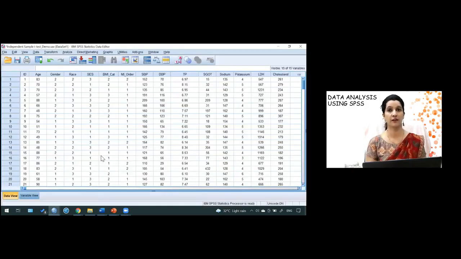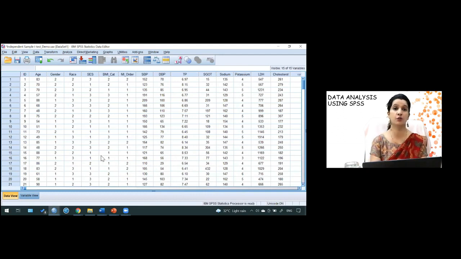First I have to meet the assumption of normality and the underlying assumptions. The first assumption is that my data should be a continuous or scale variable. Systolic blood pressure is a continuous variable measured on a scale, so the first assumption is met.